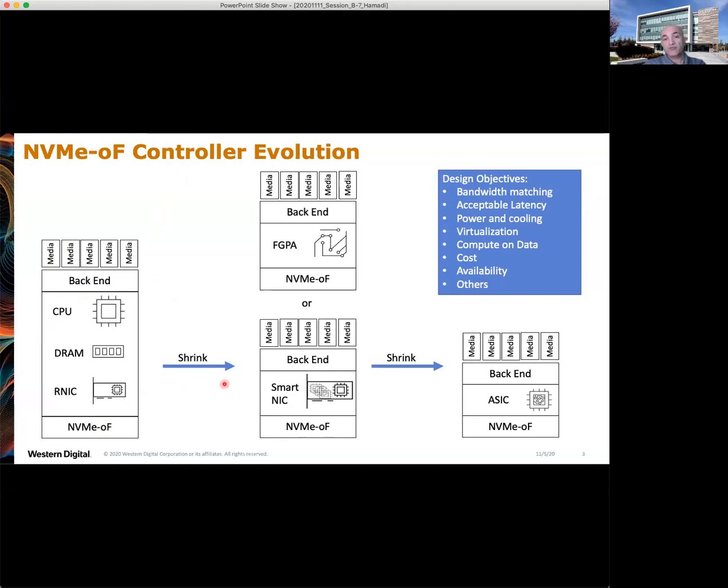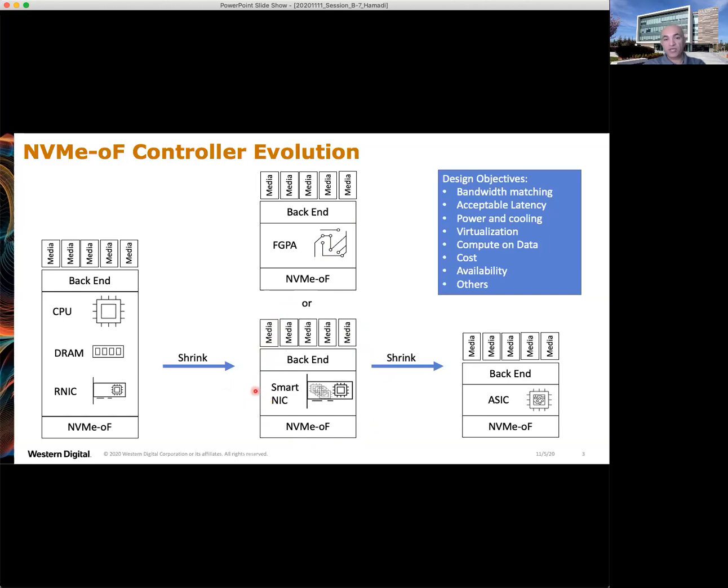And as we moved on as an industry, we went through a shrink process to the second wave of NVMe over fabrics controllers that had two threads. The first thread was embodied by what was called SmartNICs at the time. Much of this is evolving today into DPUs and similar things. At the time, SmartNICs were largely mini servers.